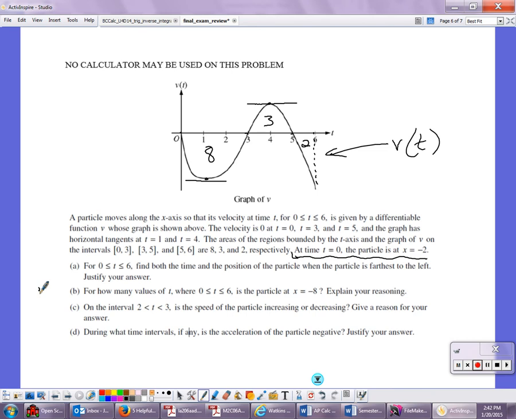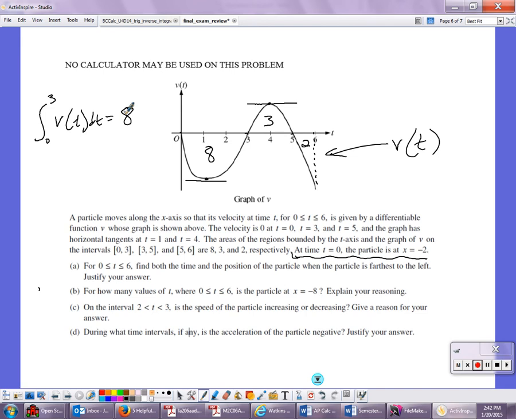Oh, first thing to think about is that this is the velocity curve, right? So what do 8, 3, and 2 represent? Well, 8 is equal to the integral from 0 to 3 of v(t) dt, and the integral, the antiderivative of velocity, is going to be the displacement.